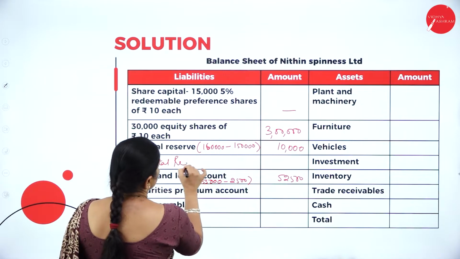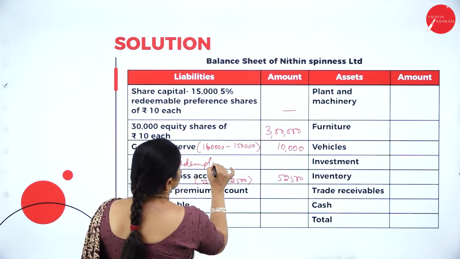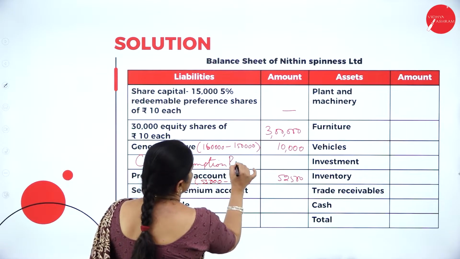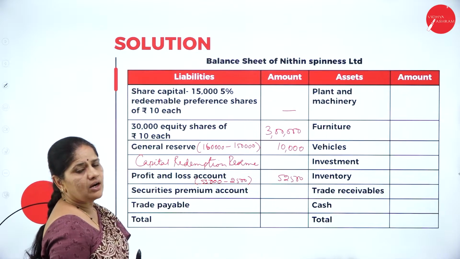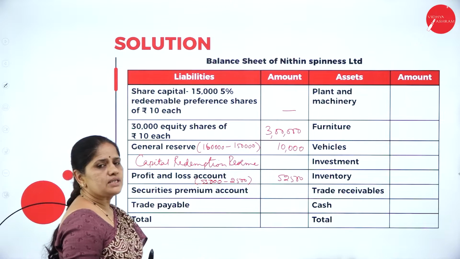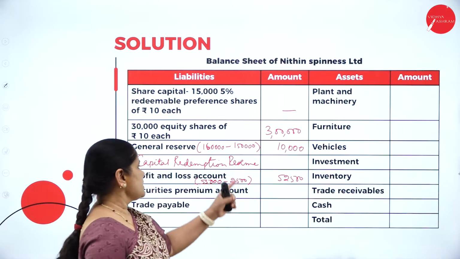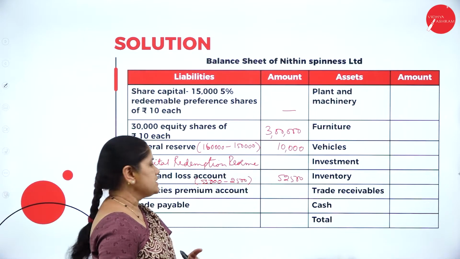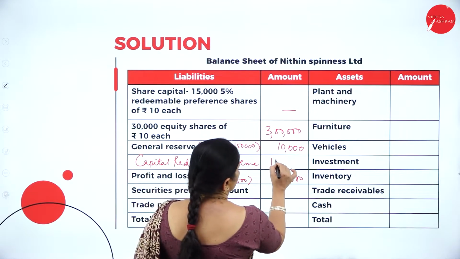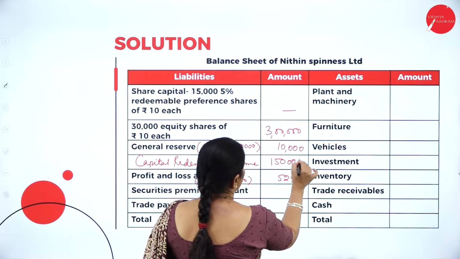Now there is one extra entry here, capital redemption reserve. Capital redemption reserve account. So what is the capital redemption reserve? It is exactly the amount I have taken from the profit and loss account. I will show it as capital redemption reserve 1,50,000.